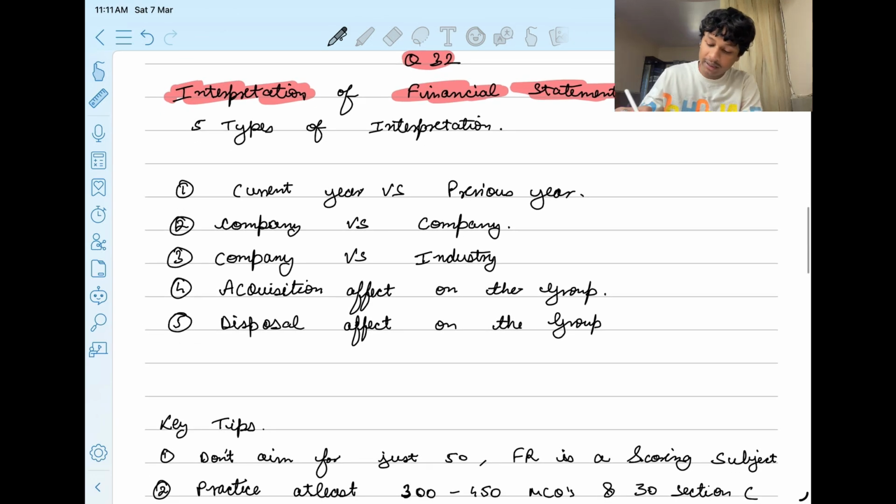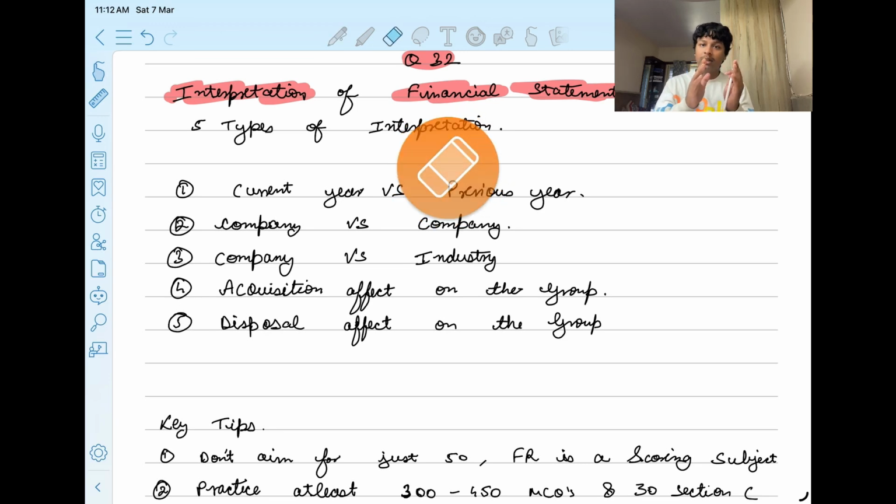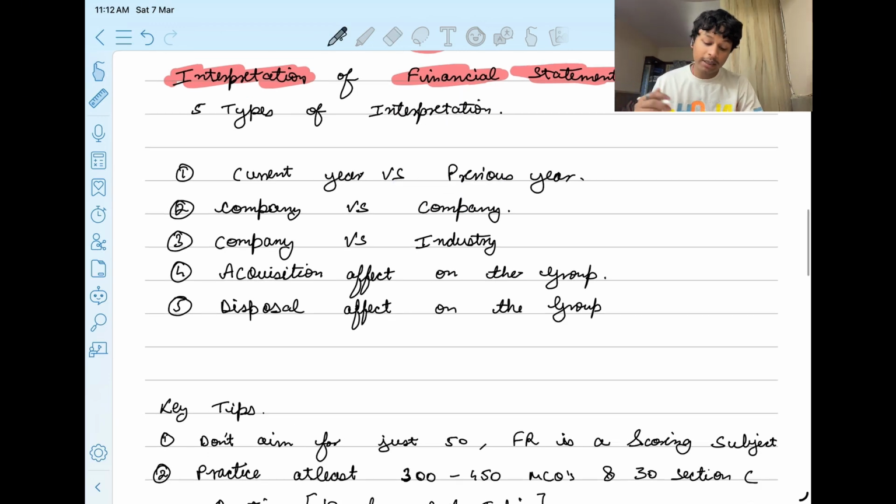One is current year versus previous year of the same entity, which means you are comparing two years' results of the same entity. Then comes company versus company, which means you are comparing one company and another company for the same year, okay? Now comes company versus industry, which means you will be comparing the company's result with the overall industry, which will be an analytical portion.